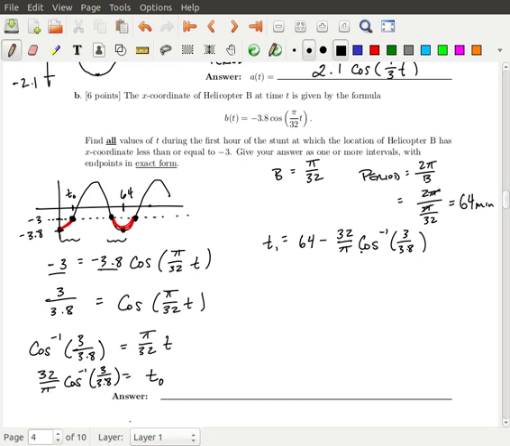That seems bigger than I was expecting, but is that right? Oh, nope, that is bigger than it should be. Good, okay. So this number is about 6.7. So this number is less than 60. This number is about 57.3.